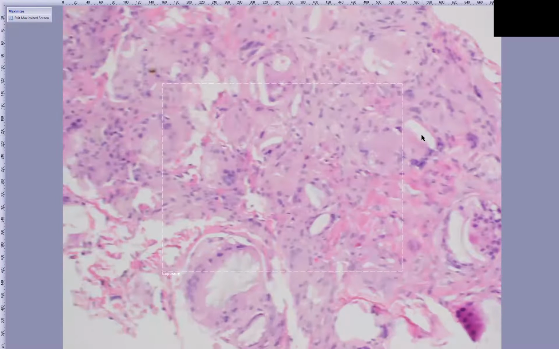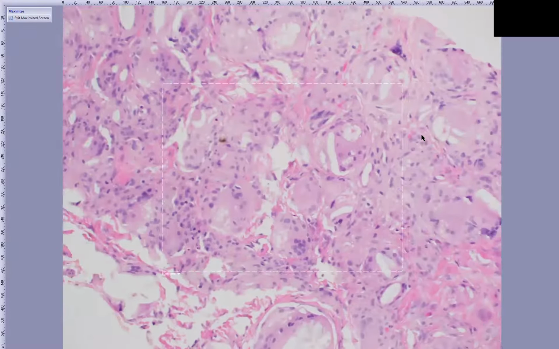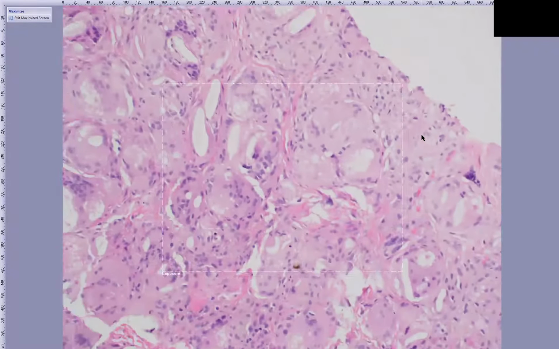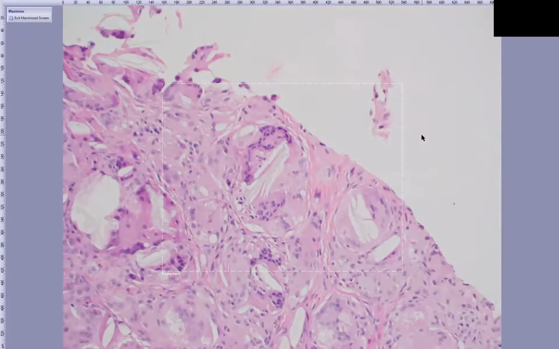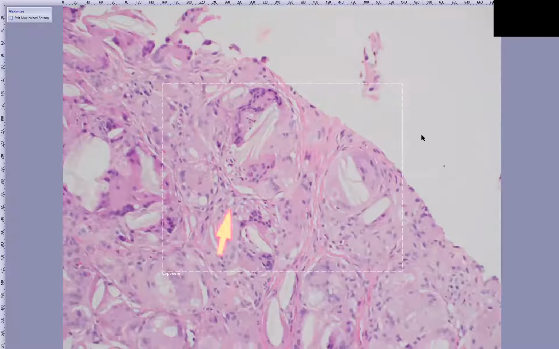And in the cytoplasm of these giant cells, you can see these white spaces. Some of them have even needle-shaped configurations. So these giant cells are engulfing some material. And when you look in these white spaces, you can see strandy pink material in these needle-shaped clefts.